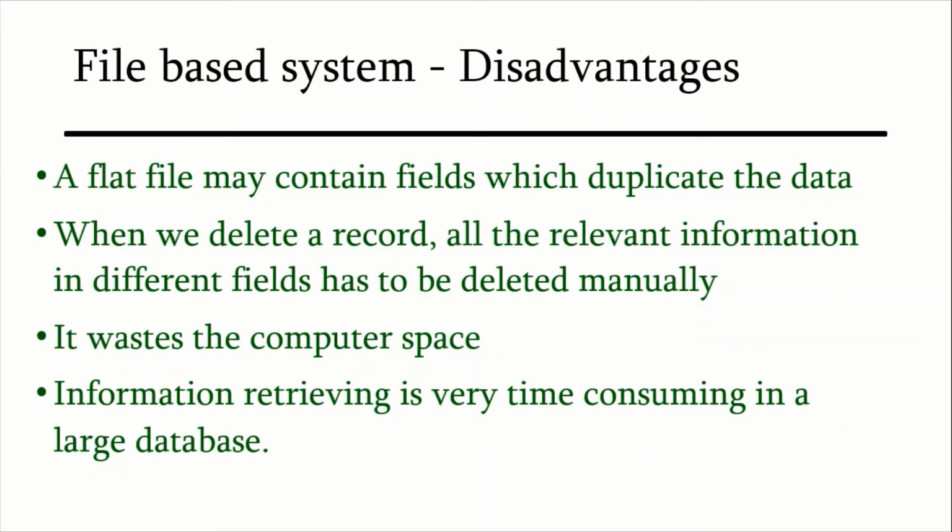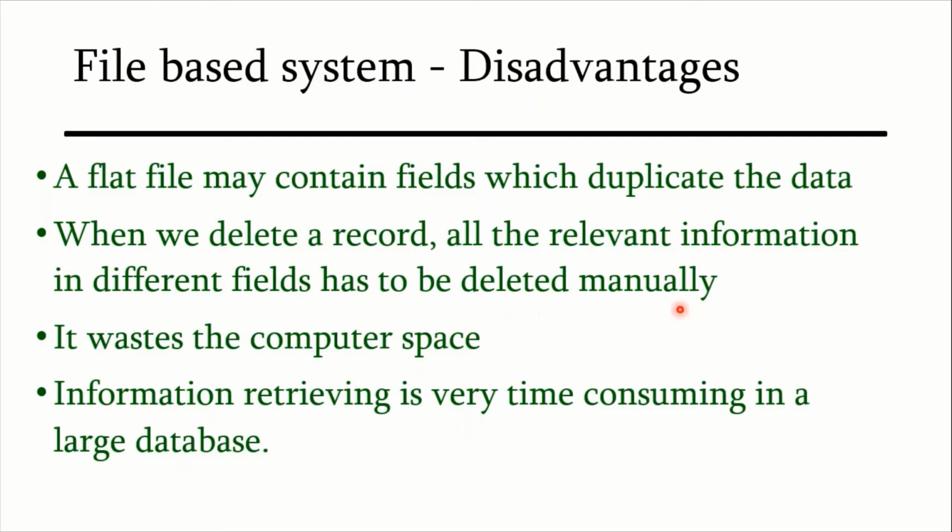Now, the disadvantages. The first disadvantage, a flat file may contain fields which duplicate the data. Just now we saw that every flat file has a number of records, and each record has a number of fields. Sometimes the data in two or three fields may be the same. When we delete a record, all the relevant information in different fields has to be deleted manually. A record means a row, right?